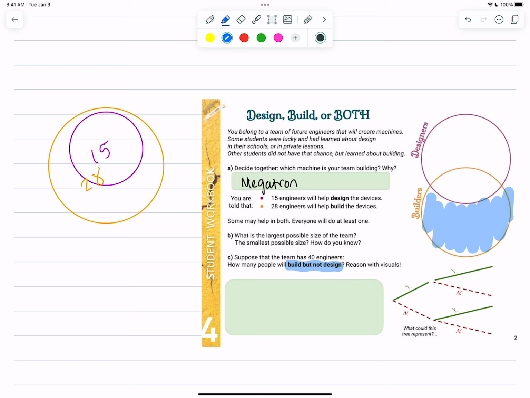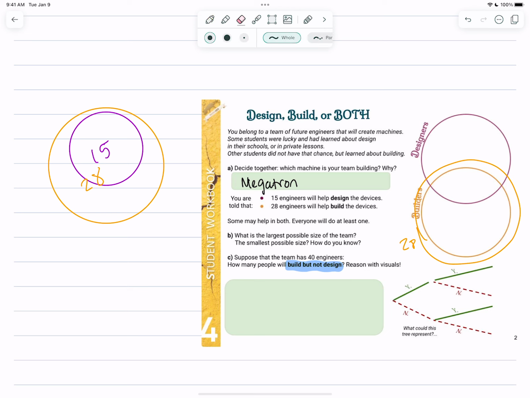Make sure you emphasize that this whole circle here is supposed to be 28, not just this crescent section, just like how this whole circle here is 15. And if you reason through it, maybe you can start by saying, what if they're totally separate?